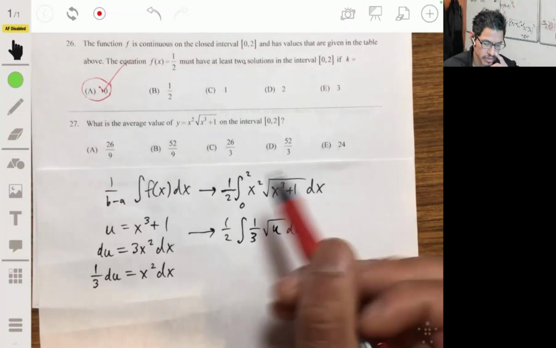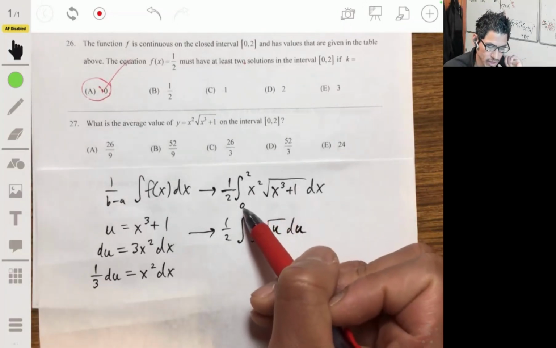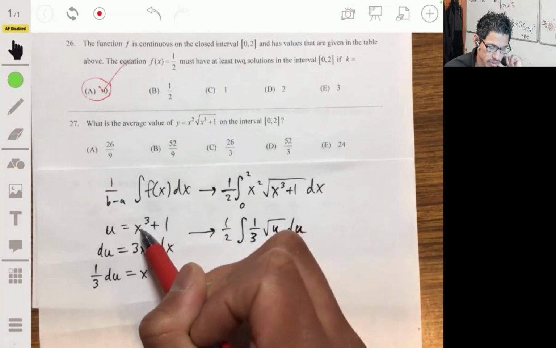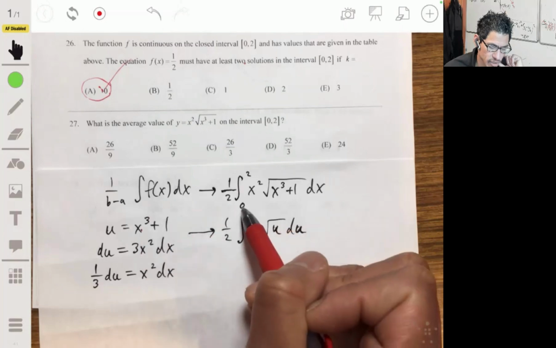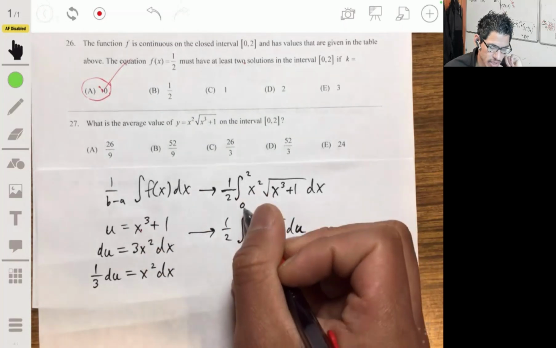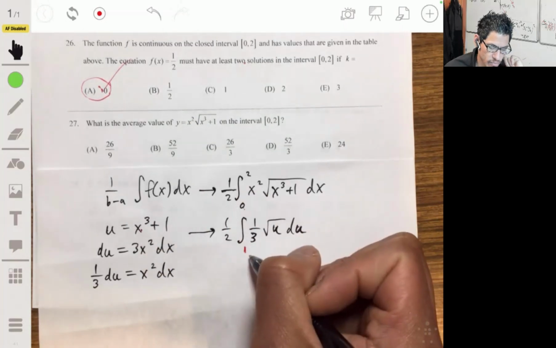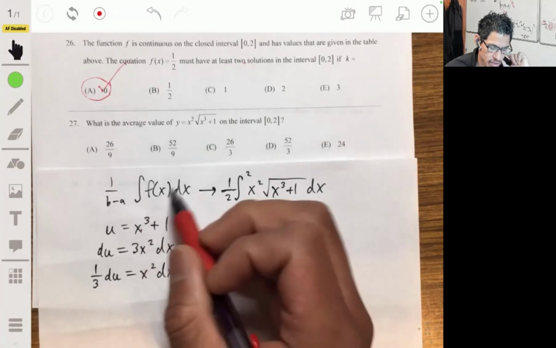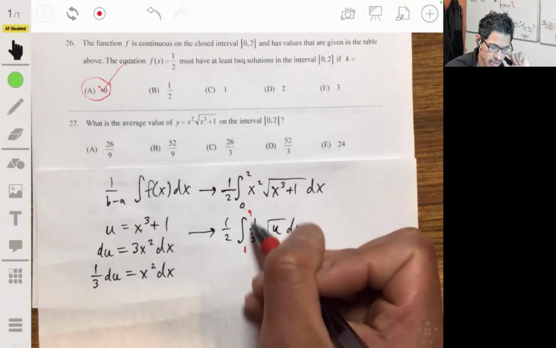And make sure that you put the endpoints back correctly, because now they're in terms of u. So we plug 0 in for x for the lower endpoint, and we get 1 for u. Plug 2 in for x, and we get u is 9. So we can integrate from 1 to 9.